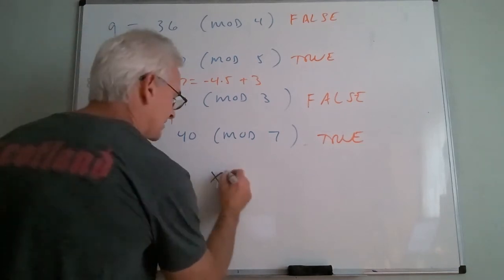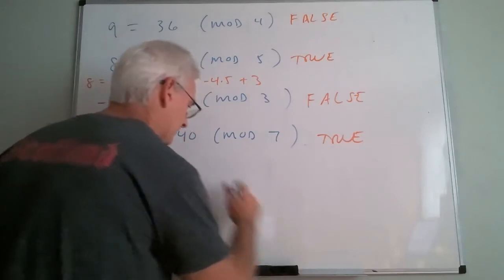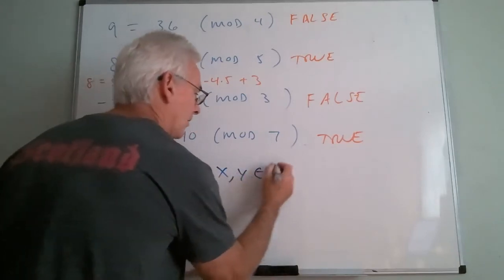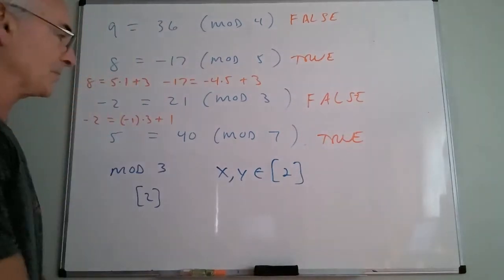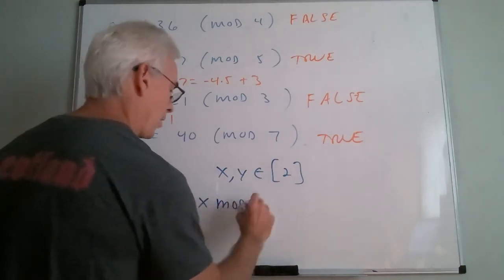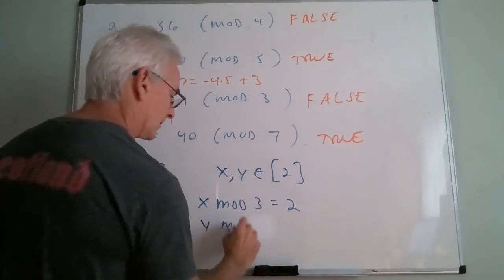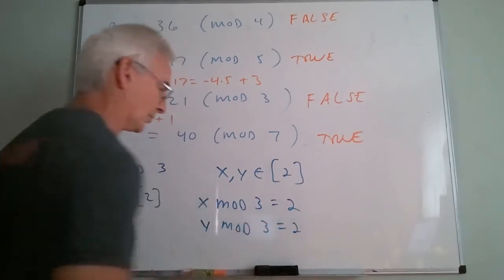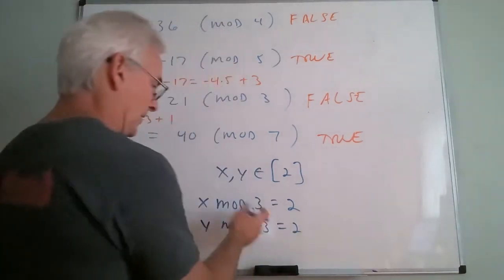So X and Y are elements of this. What does that mean to you in simple English? That means that X mod 3 is 2, Y mod 3 is 2. Does that make sense so far? What else can I say with that?